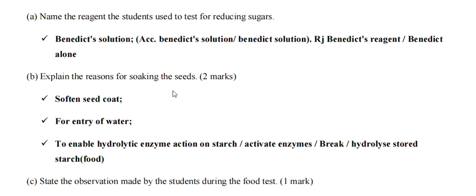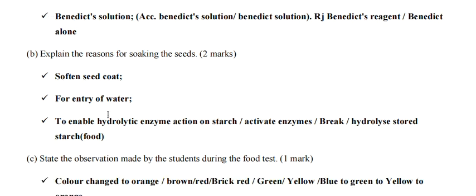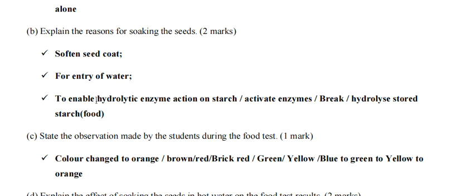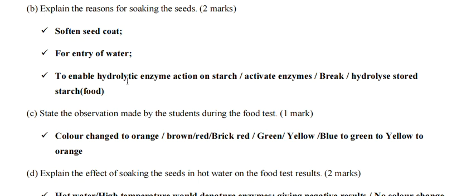Then explain reasons for soaking the seeds: this is to soften the seed coat and to allow entry of water, and this enables hydrolytic enzymes to act on starch; basically it activates enzymes or hydrolyzes stored food.